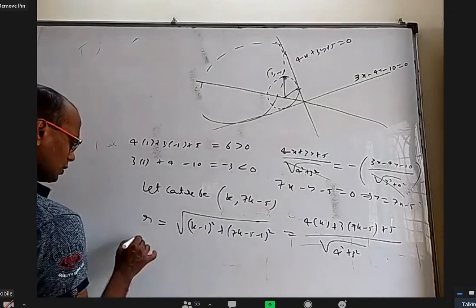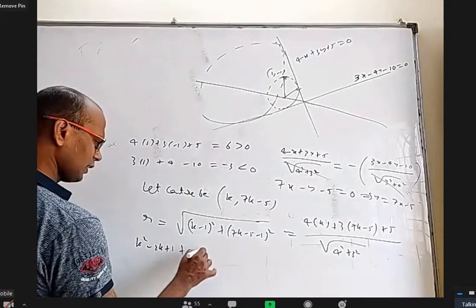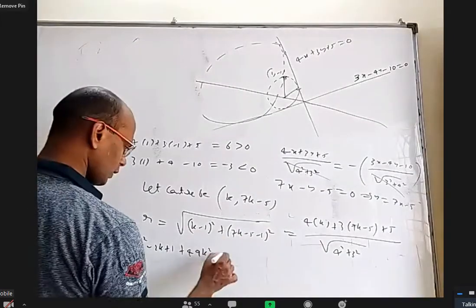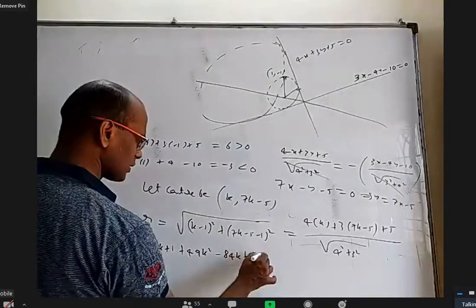Okay, so this is k square minus 2k plus 1. This is 49k square, minus 6, minus 84k plus 36.